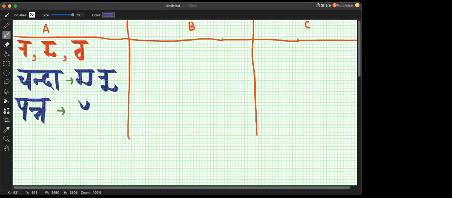There is no change to that alphabet, which is independent. Next comes Na. We have two Nas. So first what we'll do, we'll write Na, and right below that we will extend this line and write another Na. The only difference is it does not have a Shiroreka. Okay, it doesn't have a Shiroreka. So this is how.